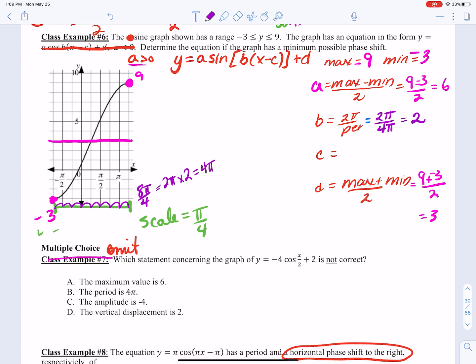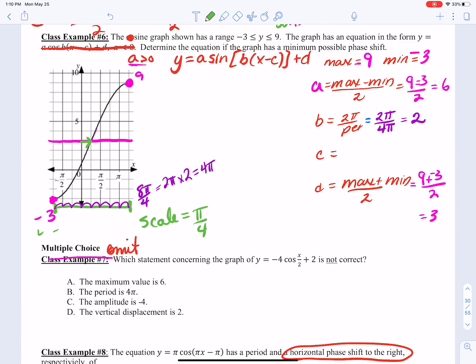Now my C value, as we can see, this would be my first cycle of sine. So how far did that go off of the y-axis? Well, if you take a look at the y-axis right here, it took this far.